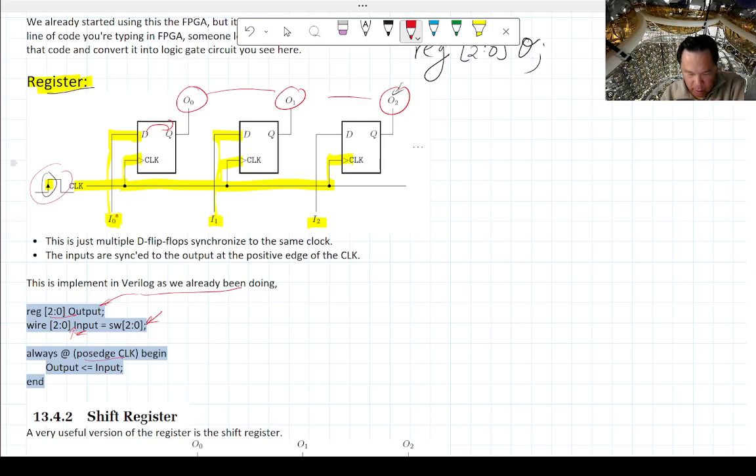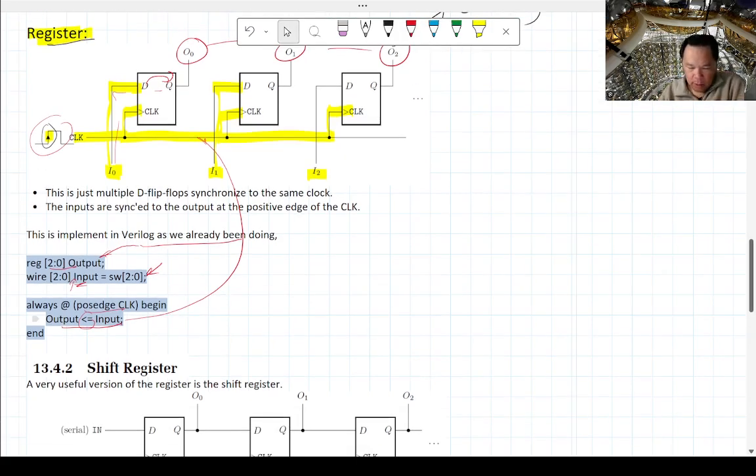This registration happens when you do a non-blocking assignment operation, which is what this little arrow equal sign means, from the input to the output. And that's just a regular register.